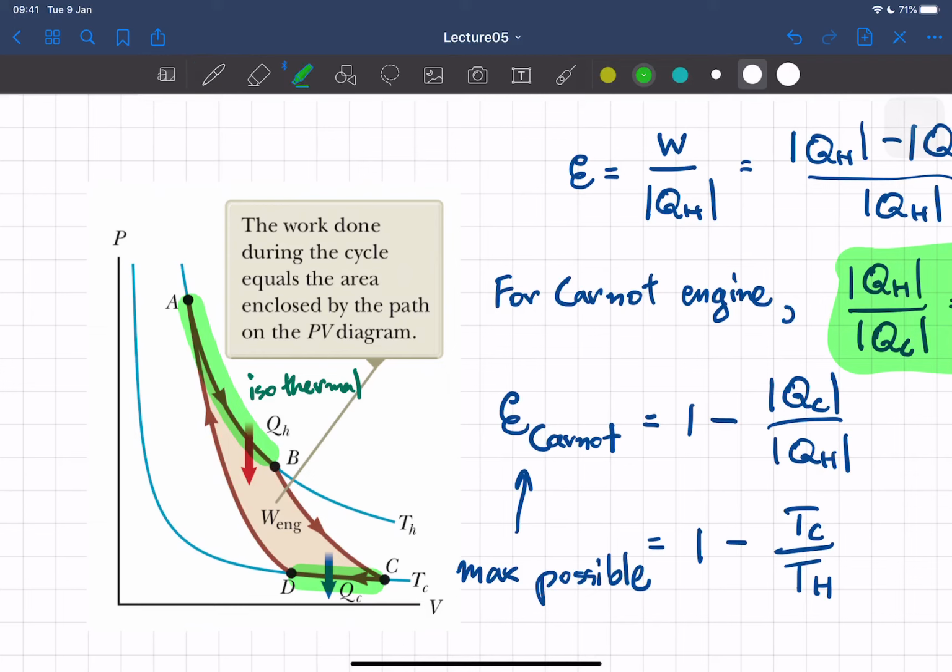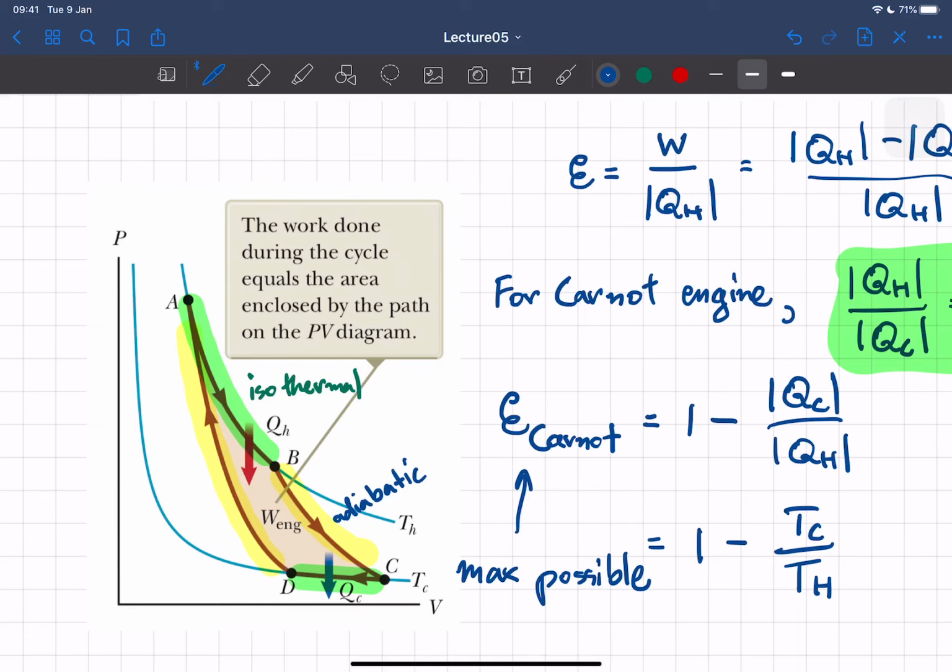Because to join the two sections together, you're gonna join them with this yellow thing, and this is adiabatic. Adiabatic means you don't have any heat exchange between outside the gas container and inside the gas container.